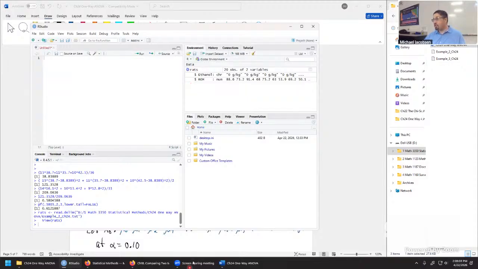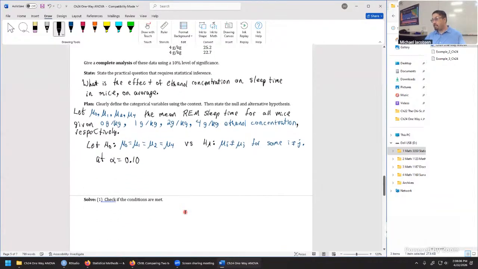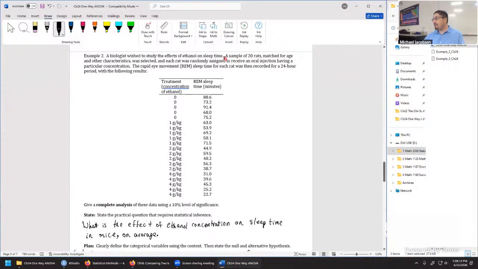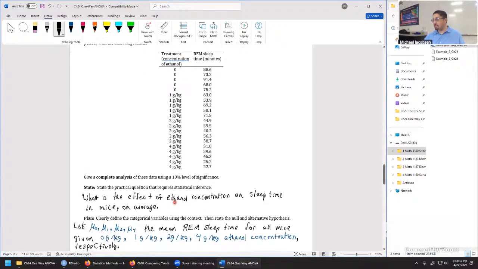Now, as far as condition checking goes, the first thing we want to talk about is: is our data random and are the groups independent? For an experimental design, it's nice that all these rats were as similar as possible. And that's what companies that provide experimental units for rats try to do, make them very similar. Because once we randomly assign them to the treatments, that gives us the simple random sample and 4 independent populations.